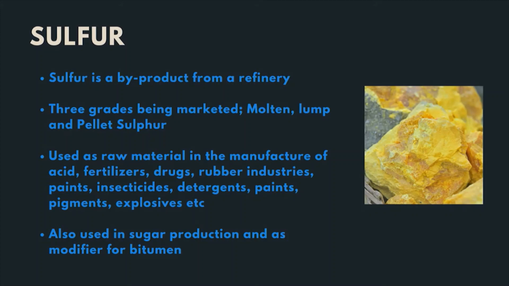So that is why sulfur is a premium product, though it is considered an impurity in a refinery. Since it is obtained as a byproduct, it can also be sold effectively, giving a lot of money to the refining company. Sulfur is also used in sugar production and as a modifier for bitumen.